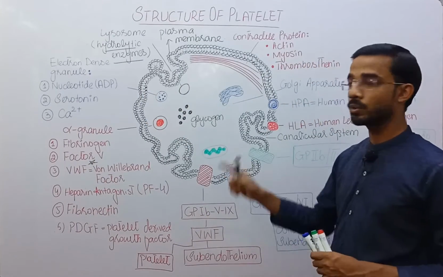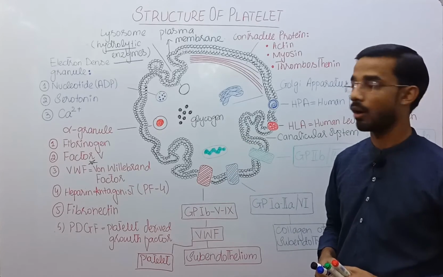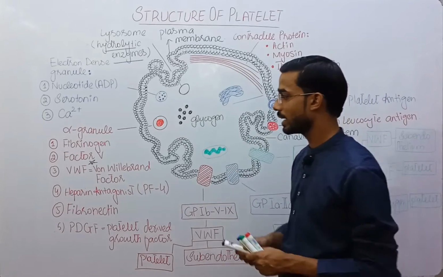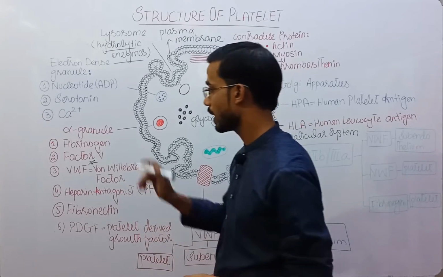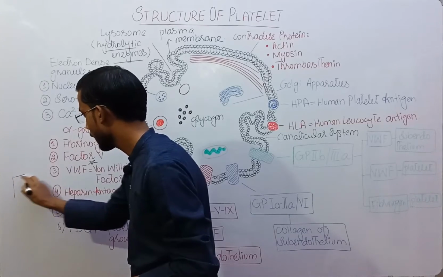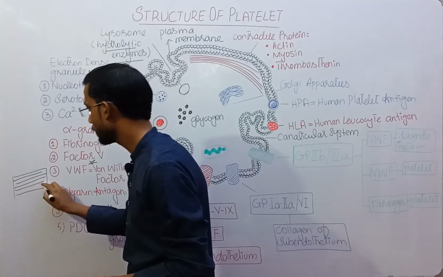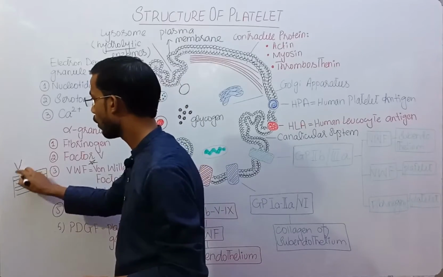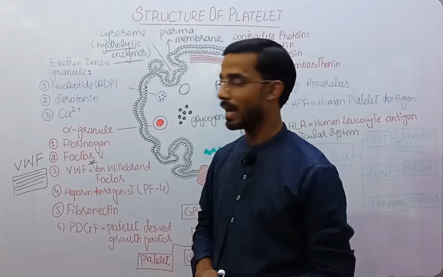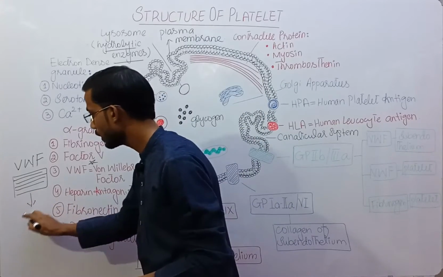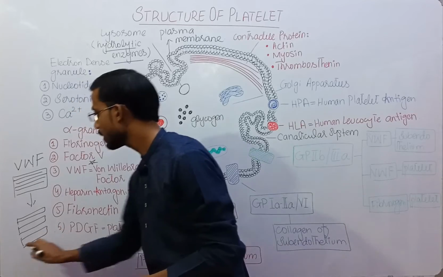This is produced by the platelets and the endothelium of the blood vessels, and it is produced mainly in multiple forms. These are the multiple forms of the von Willebrand factor, and they break down into the monomer with the help of an enzyme.